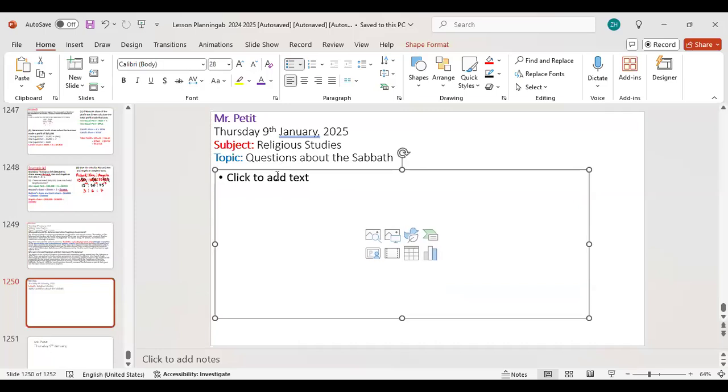Saturday. So when you look at it, for the Jews, the Sabbath, if you want a definition, the Sabbath is the seventh day, and that's the day that they observe for the Sabbath. So the seventh day of the week.